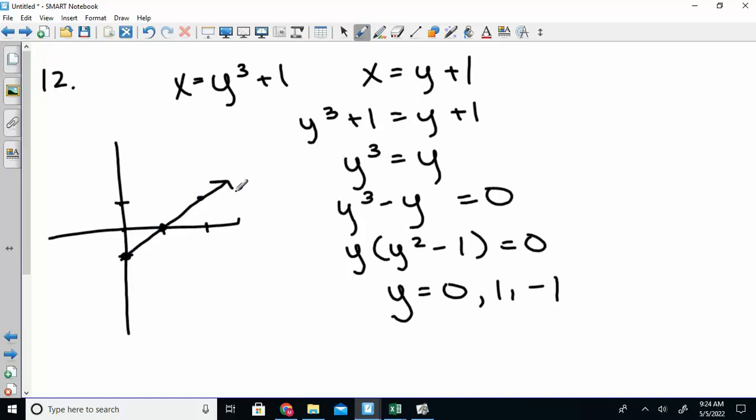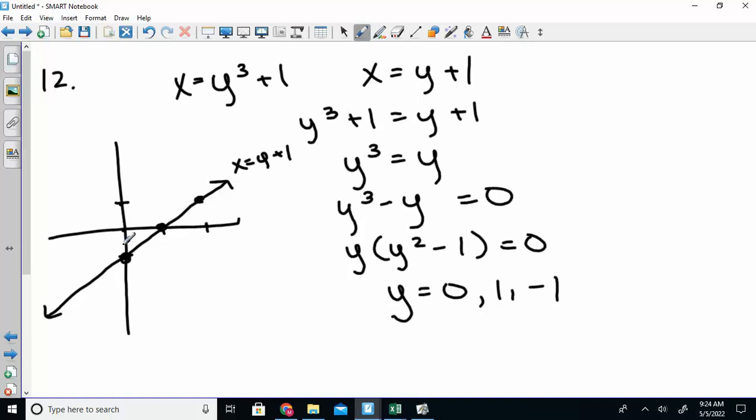So here is my x equals y plus 1, just a line. With these, you're going to get the same 3 points here. Again, the graph doesn't have to be perfect, but we need to figure out which one's on top.